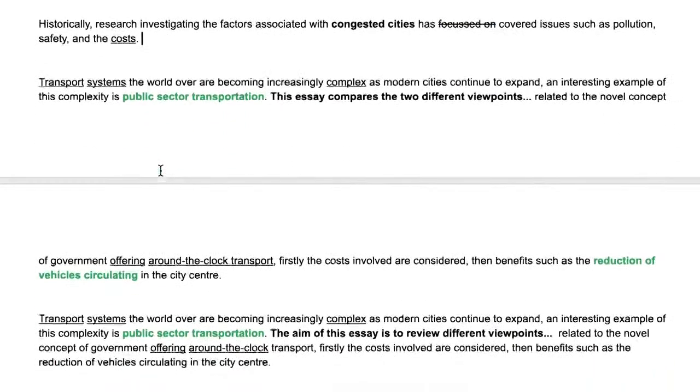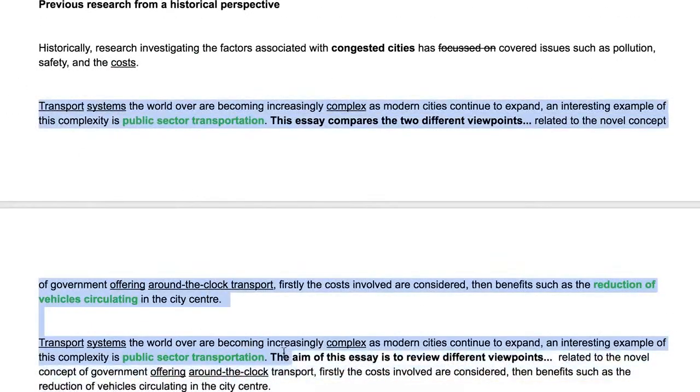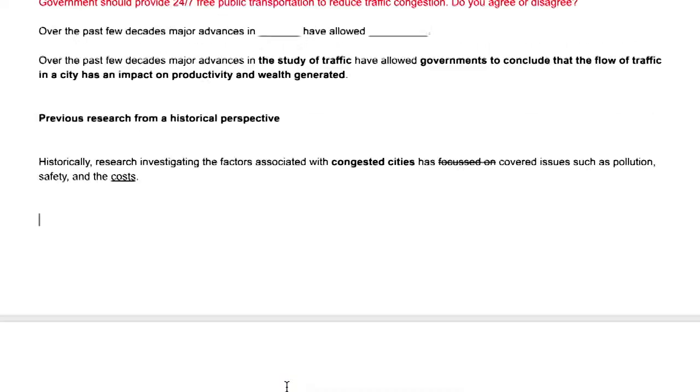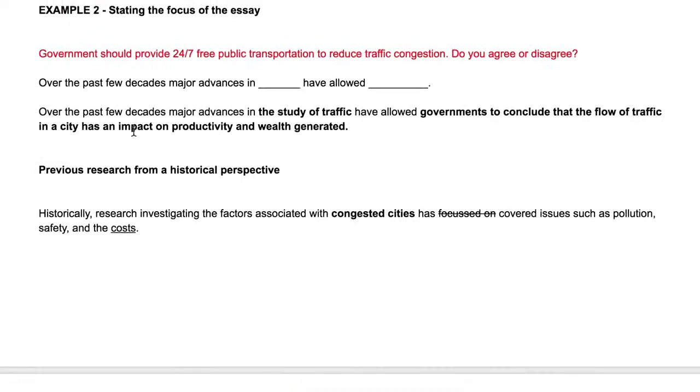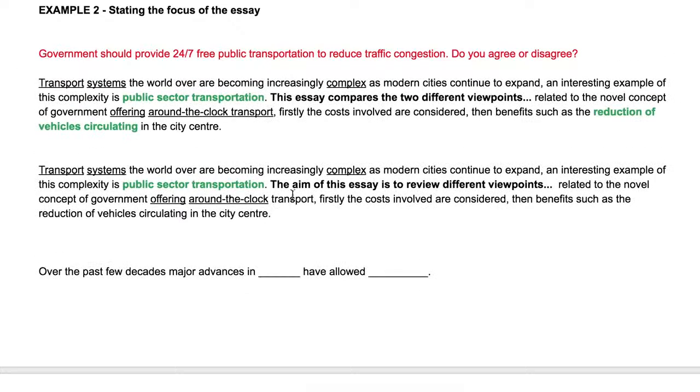Okay, that's a bit mixed up. Anyway, these ones should have been at the beginning. Let's see. There we go. That's better.